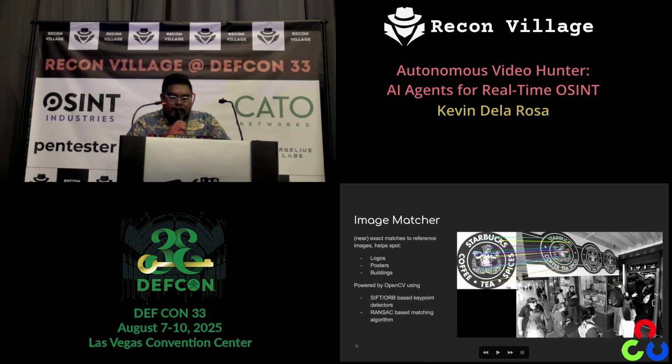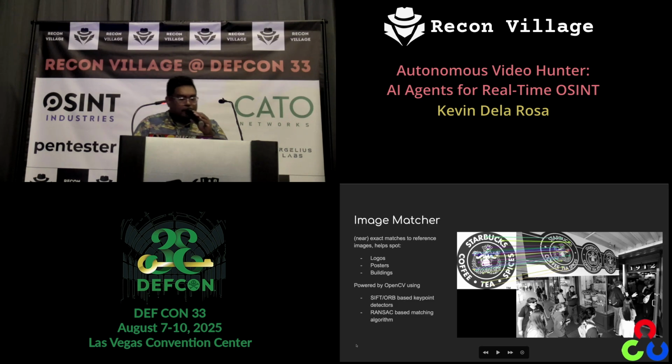Also, I mentioned there's a general image matching component, which you can use to find if a specific reference image matches one that's found in a target image. So you can use this to analyze logos, find posters of interest, building facades, these kinds of things.